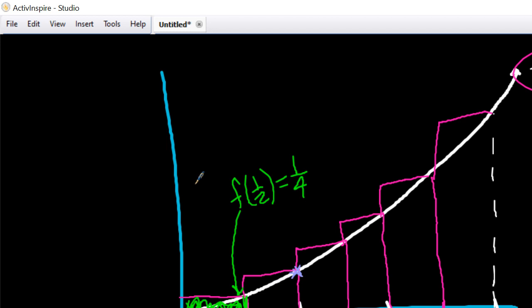I'm finding this point right here because that's my height. If I plug that in, f of 1 squared would be 1. So again, the width is 1/2 and the height now is 1, so the area of this one would be 1/2. Does that make sense? You see what we're doing?